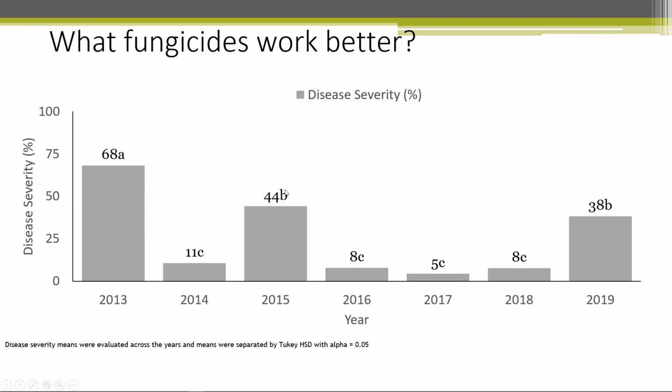These letters are statistical separation, meaning statistically 2013 had the greatest disease, while 2014, 16, 17, and 18 statistically had the same amount of disease, even though numerically they are different.